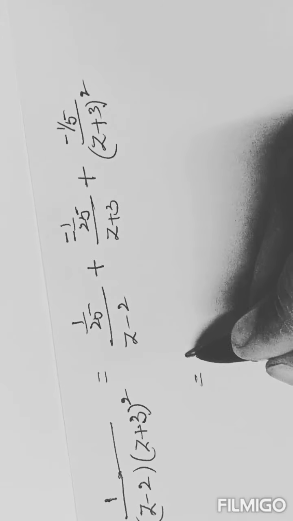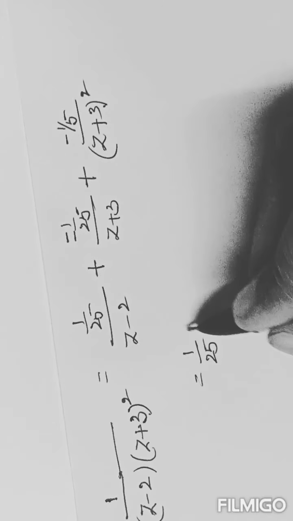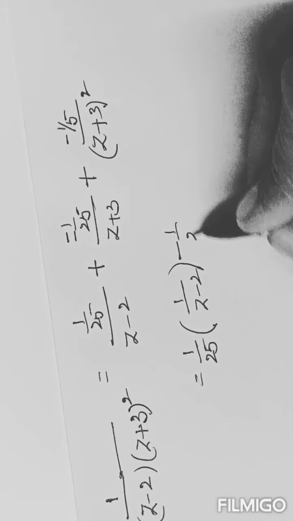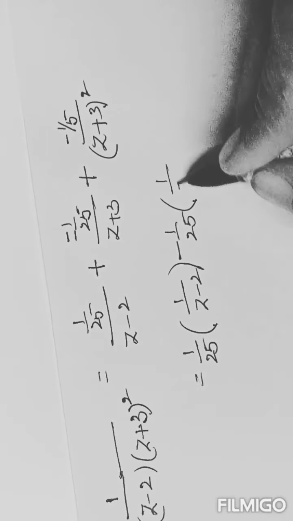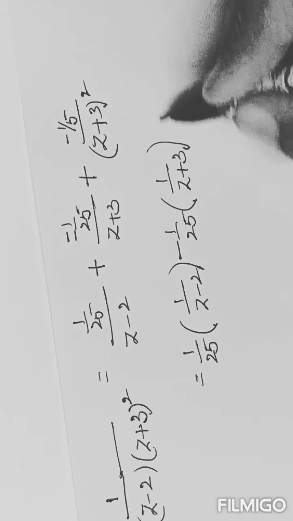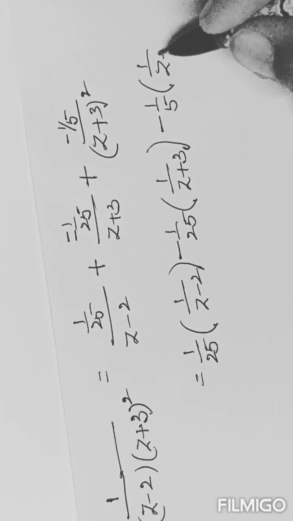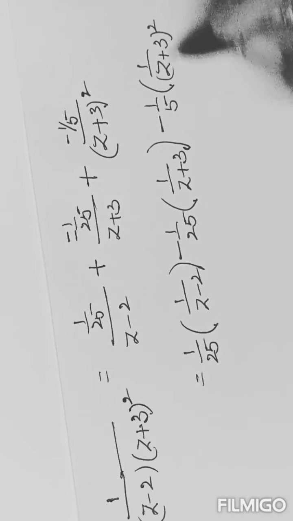Now the same fraction can be written as 1 by 25 times 1 by (z minus 2), minus 1 by 25 times 1 by (z plus 3), minus 1 by 5 times 1 by (z plus 3) whole square.